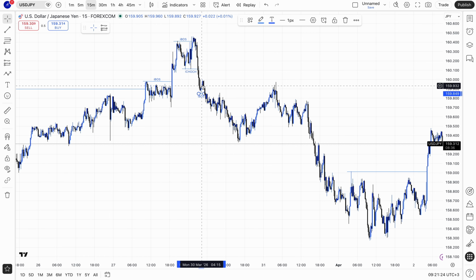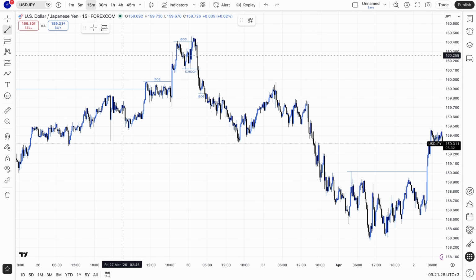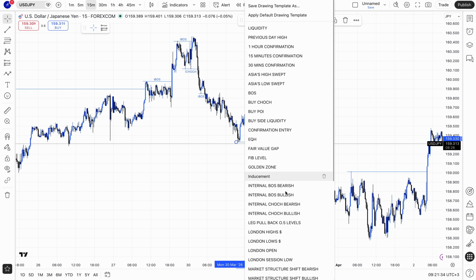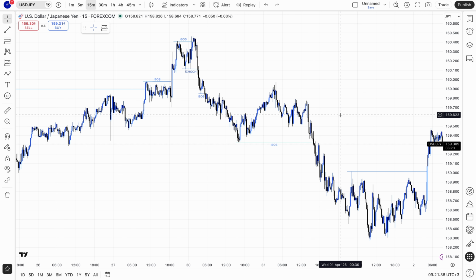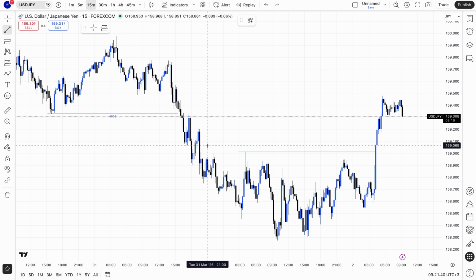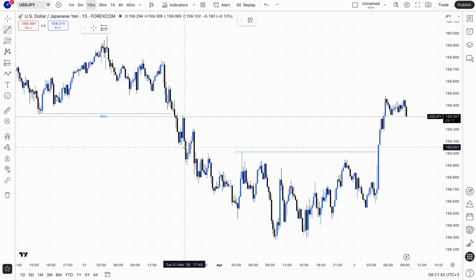Then the price came into this supply zone, melted to the downside. Then we had our continuation break of structure to the downside, which was here.